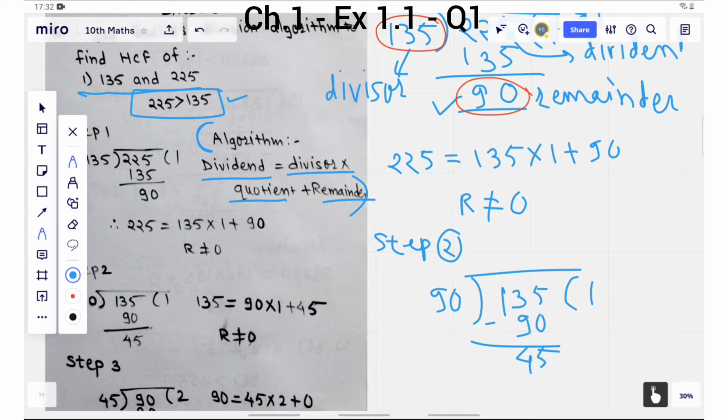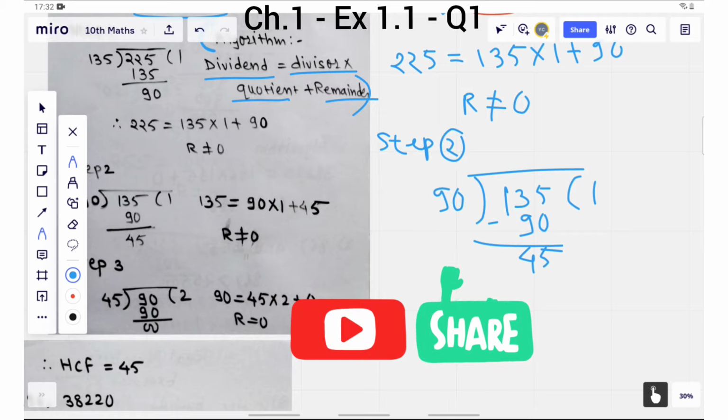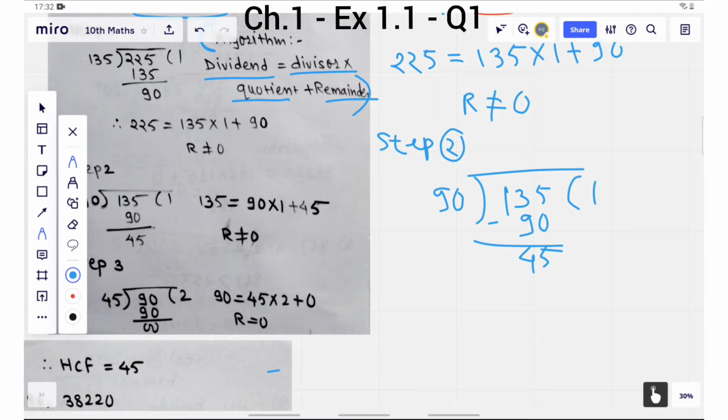If we subtract 90 from 135, the remainder is 45. So again in this step we have to write the algorithm. That is, dividend is equal to divisor into quotient plus remainder. We will put all the values like this.